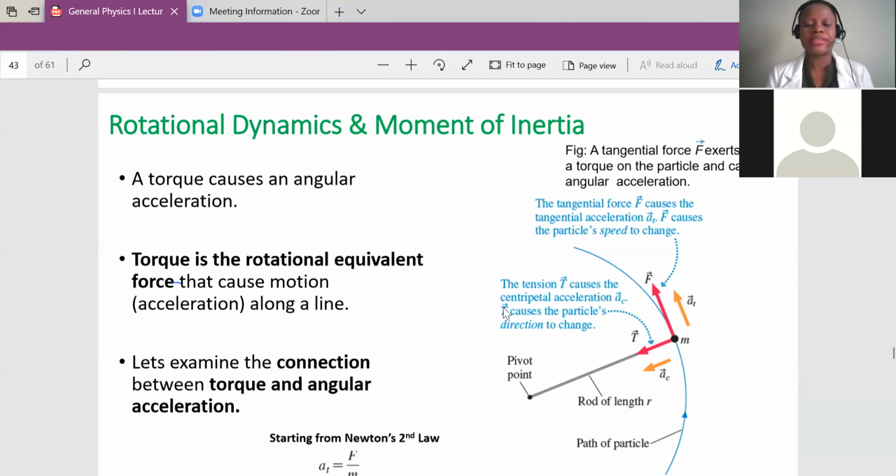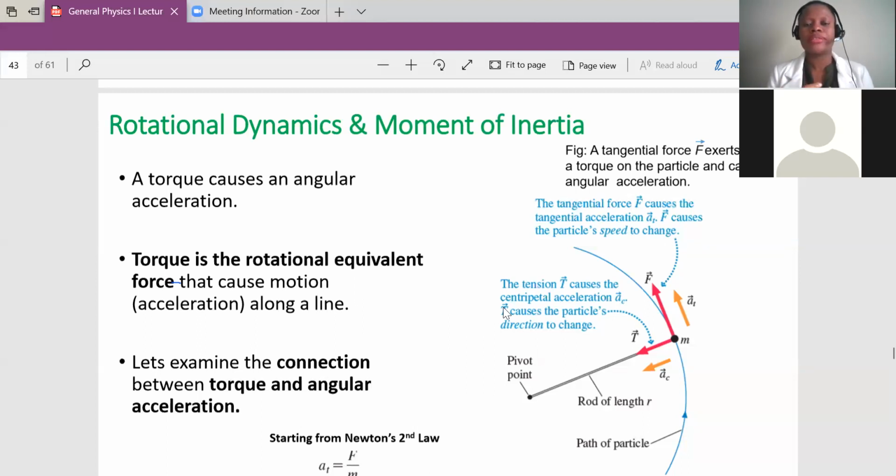But the last class, we saw the term torque, and we also emphasized that torque is actually the equivalent of force in linear motion. The same way force causes objects to accelerate in linear motion is the same way that torque causes objects to accelerate in rotational motion, okay?